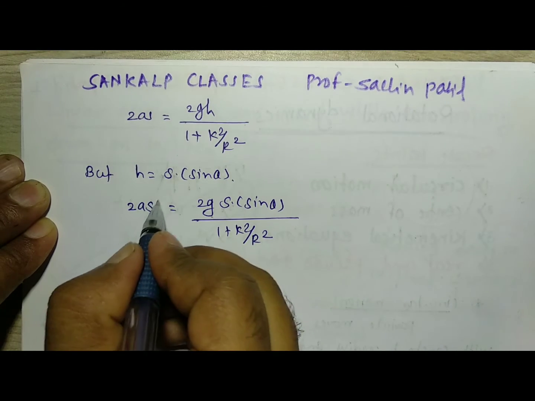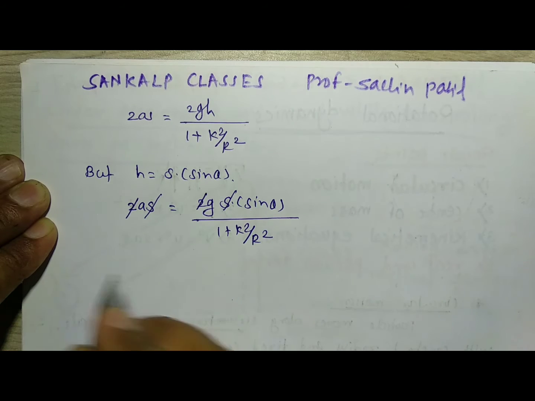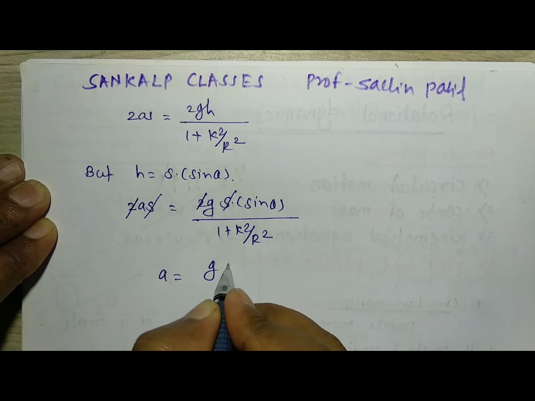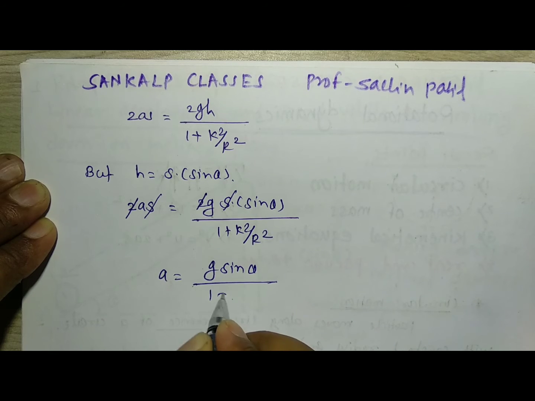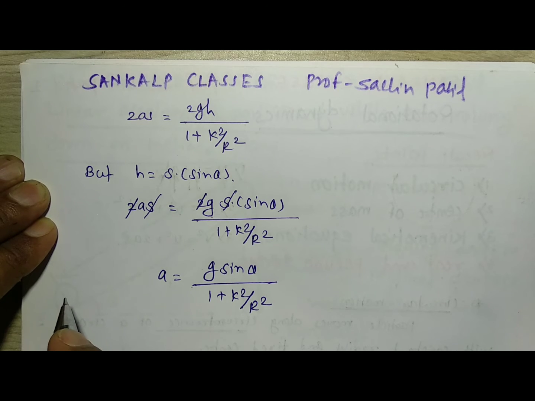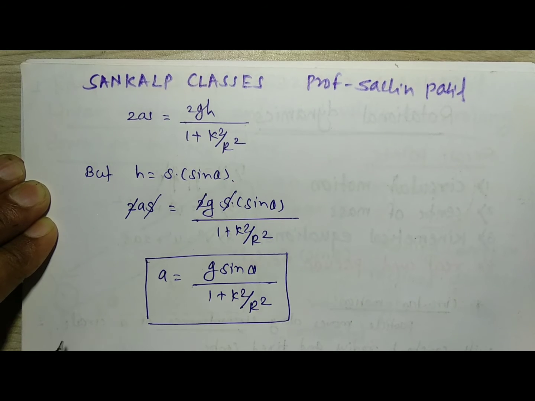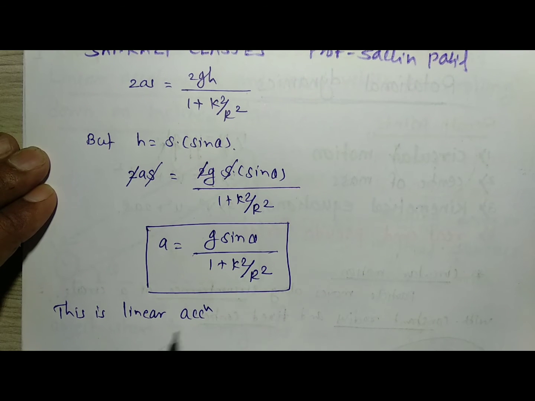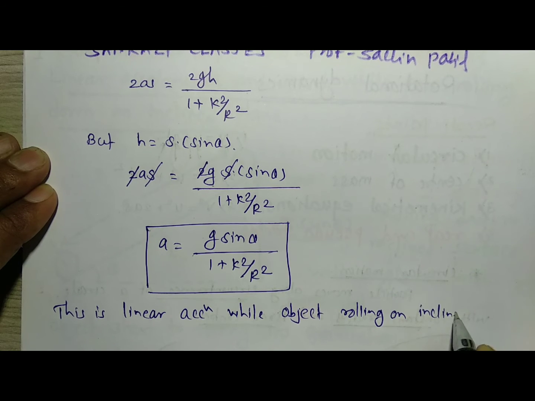Now s is cancelled out, 2 is cancelled out, and therefore a is equal to g into sine theta divided by 1 plus k square divided by r square, and this is your value related to the linear acceleration while the object is rolling on an inclined plane.